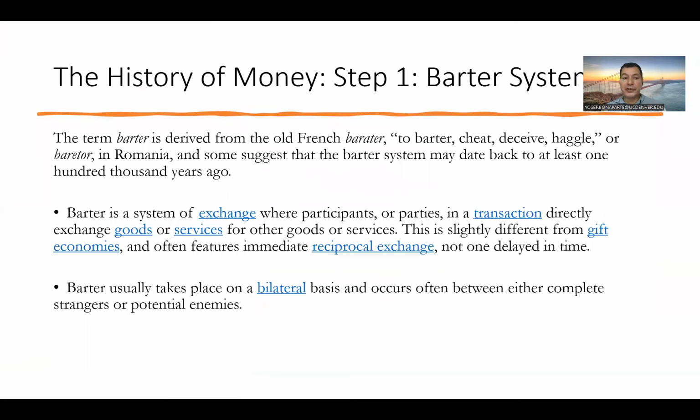In the barter system, for example, I'm a farmer, I can give you tomatoes, you are a professor, you teach me finance. I have chicken, I can give you eggs, and if you're a barber, you cut my hair. So you exchange good for good, good for service, or service for good.